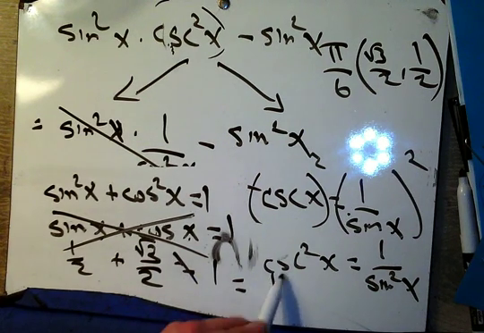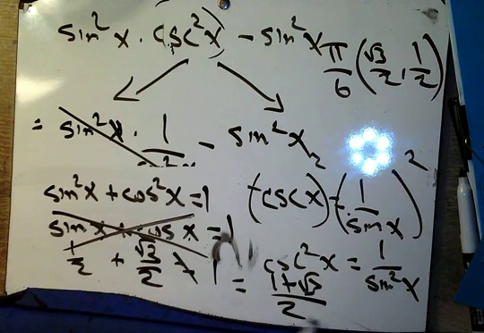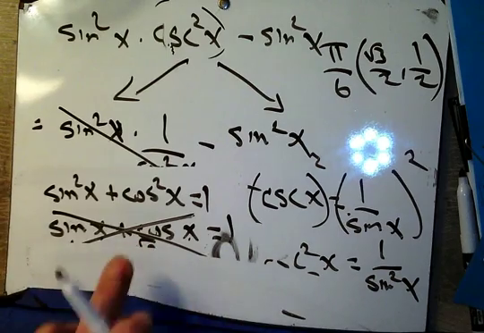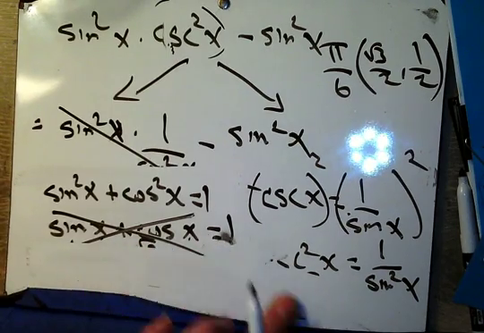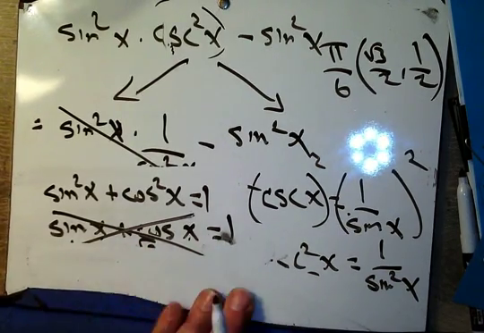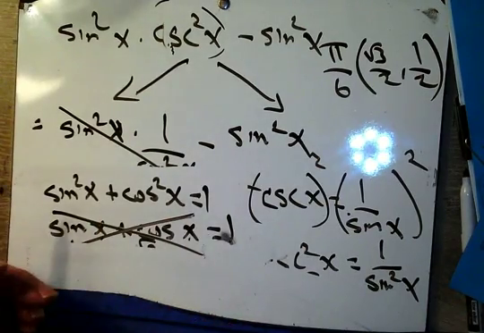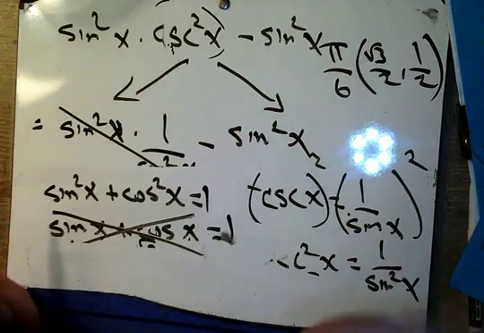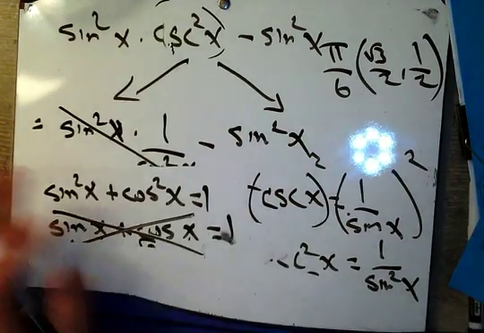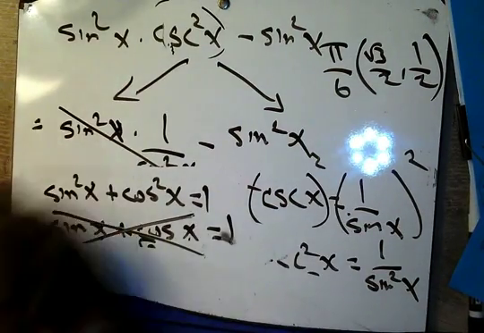I get 1 plus root 3 all over 2. Well, that's not 1. Exactly. That's how I know that this does not work. Okay, I can't take the square root of each piece. I can only take the square root of the whole side of the equation. Okay, but all of that has just been about that student.